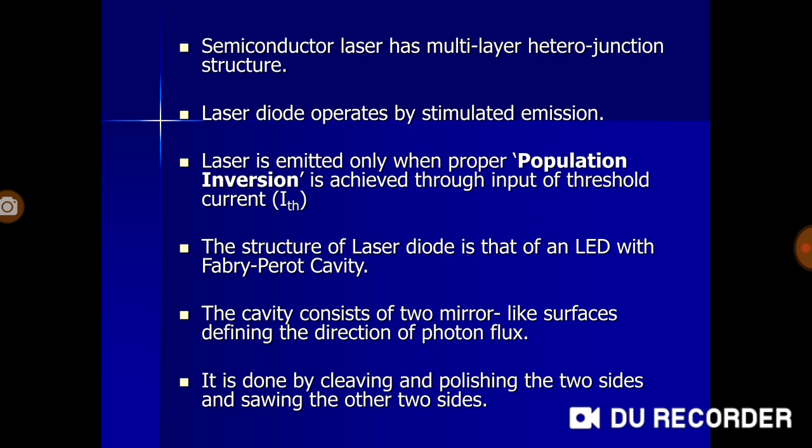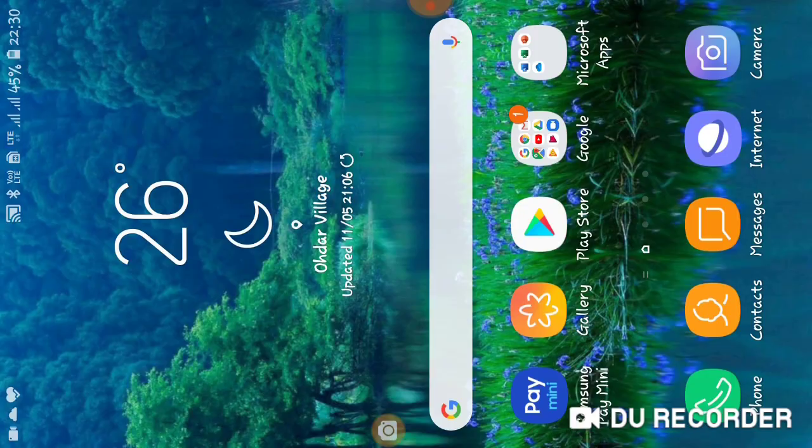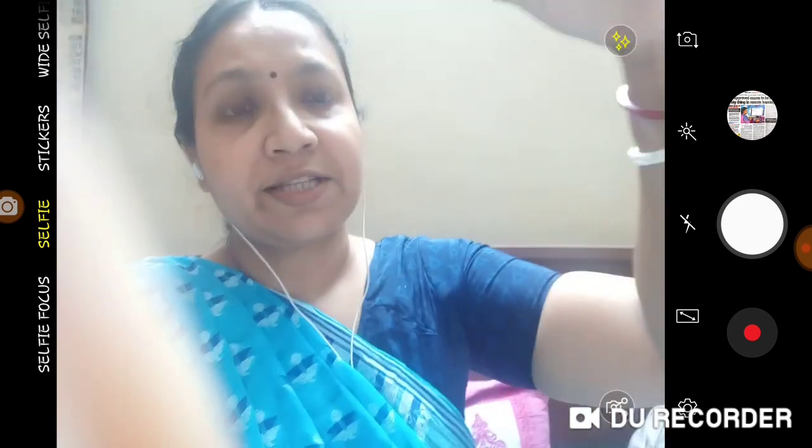Next, laser is emitted only when population inversion is achieved through input of threshold current ITH. Here I will make you understand this population inversion. Suppose there is a ground level, a next higher energy state E1, and another higher energy state E2.